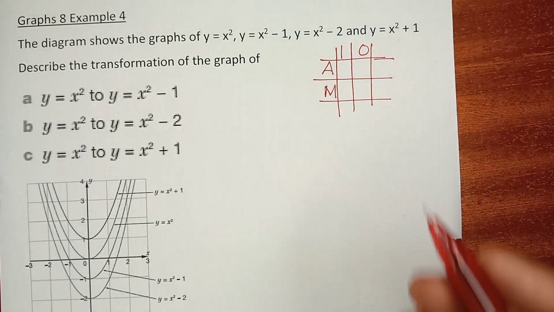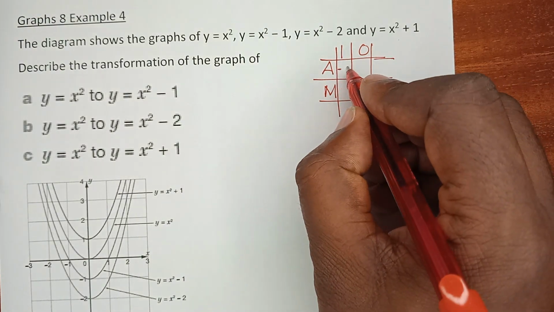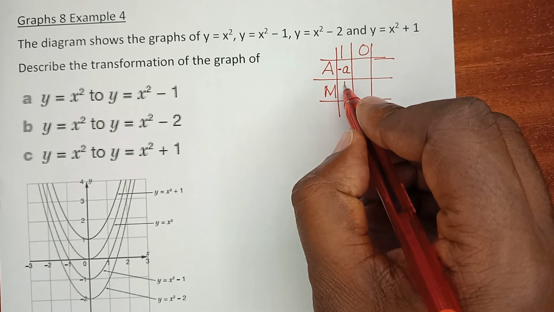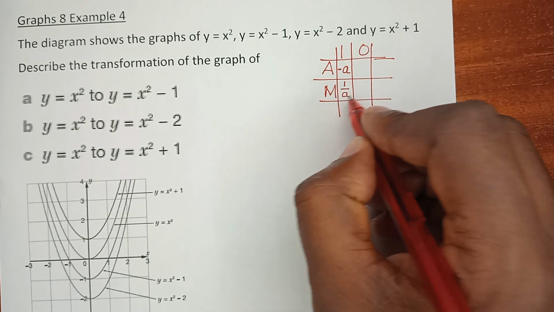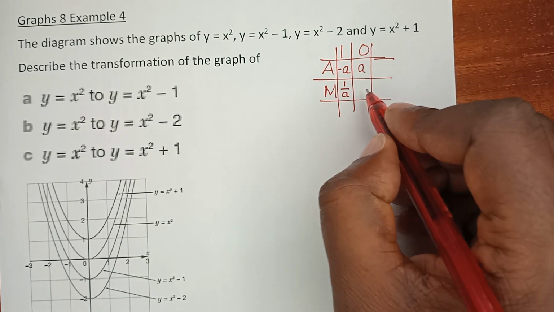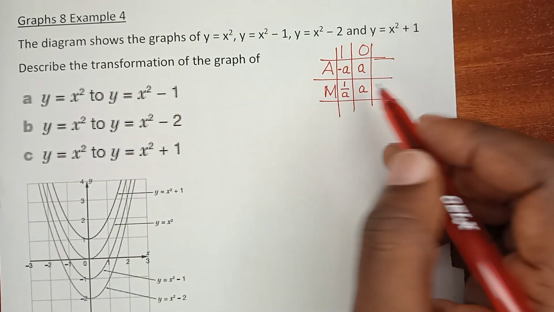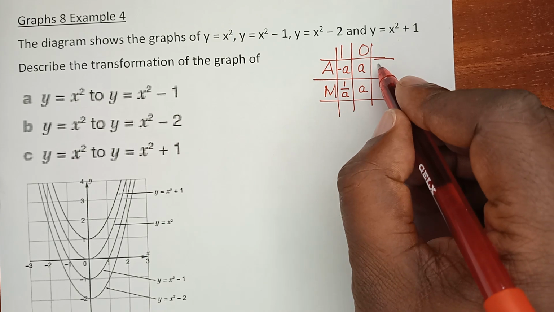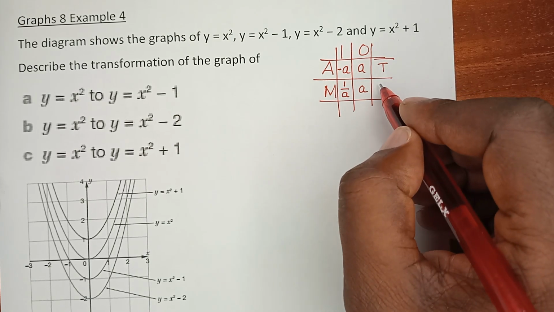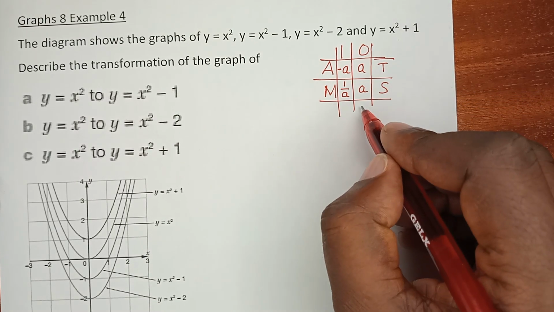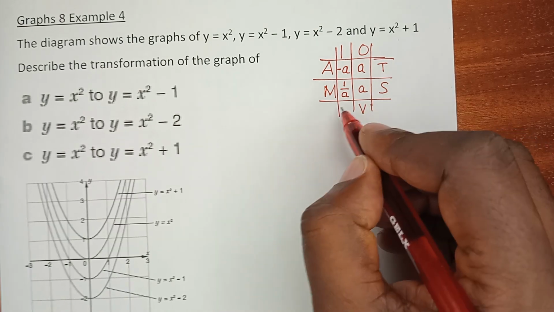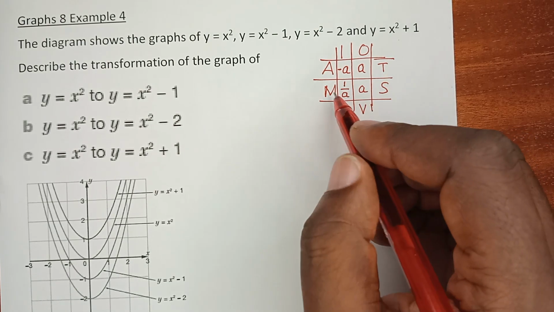As you can see, we have negative a there, we have 1 over a there, we have a and we have a there. All these a's, I'll explain about them. We have t there, we have s there, we have v there, and we have h there.